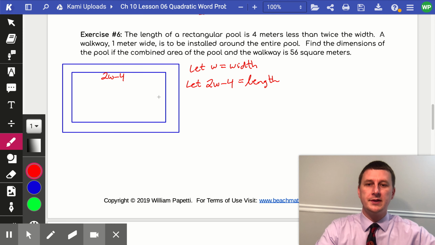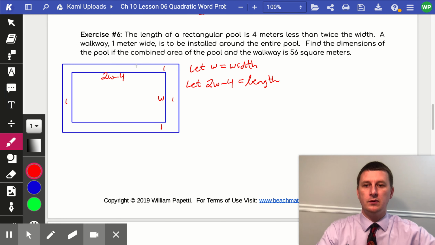We know that our width is going to be W. We also know that this walkway is going to be 1 meter wide here, 1 meter wide here, 1 meter wide here, and 1 meter wide there. Find the dimensions of the pool if the combined area is 56 square meters.